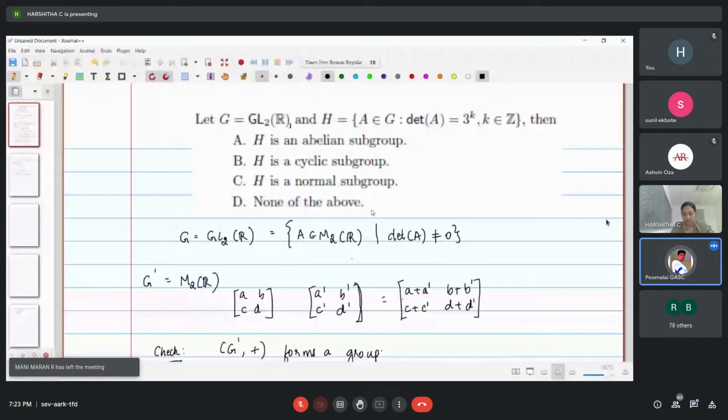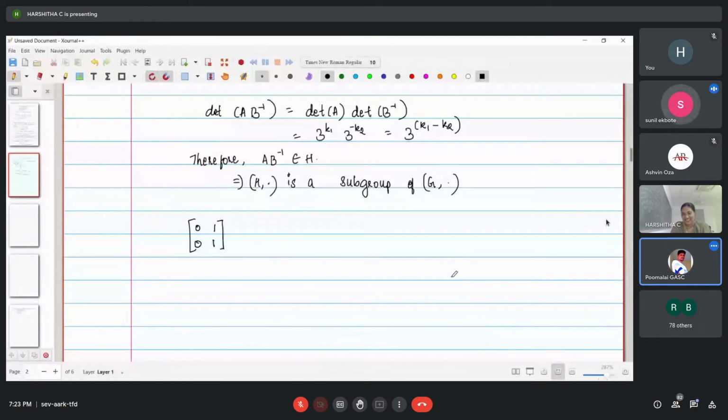0, 1, 0, 1. Sorry, first row is 0, 1, second row, it's also 0, 1. Is that an invertible matrix? What is the determinant of this? Oh, sorry. Determinant is 0.